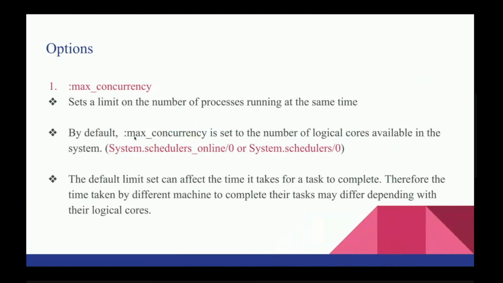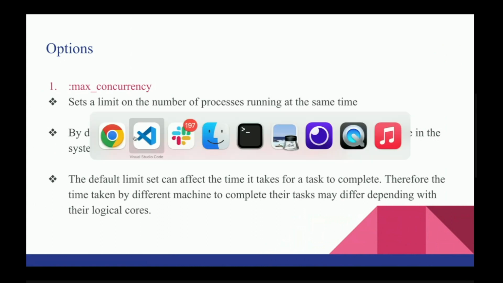This default limit can affect the time it takes for the tasks to complete. If my machine has 10 logical cores and another machine B has 20, machine B will take less time to complete the task compared to my machine. To bypass this, you can increase your max_concurrency option.